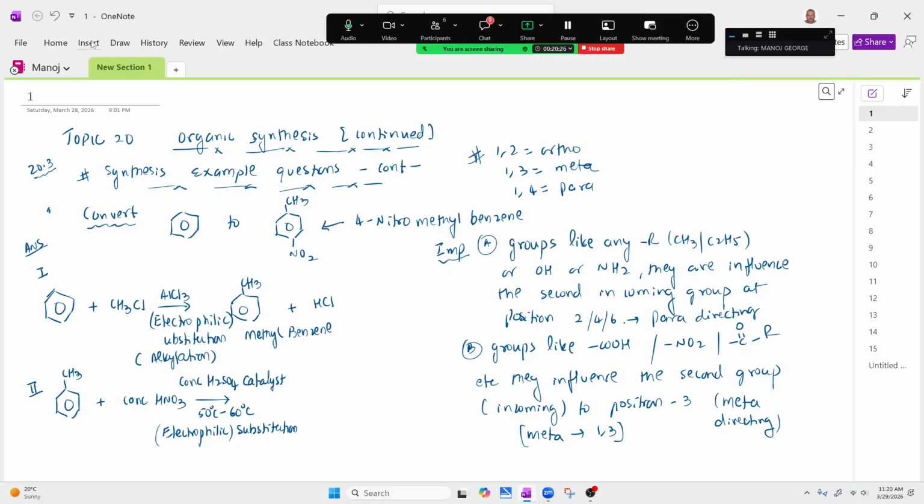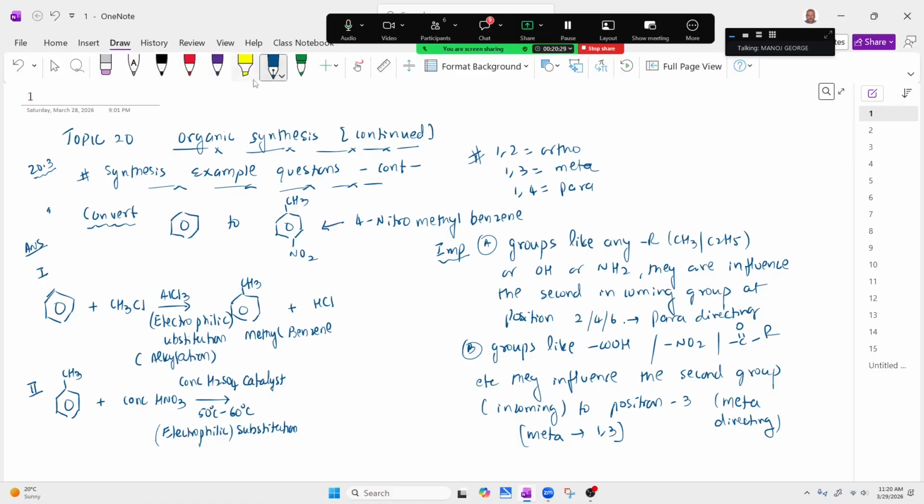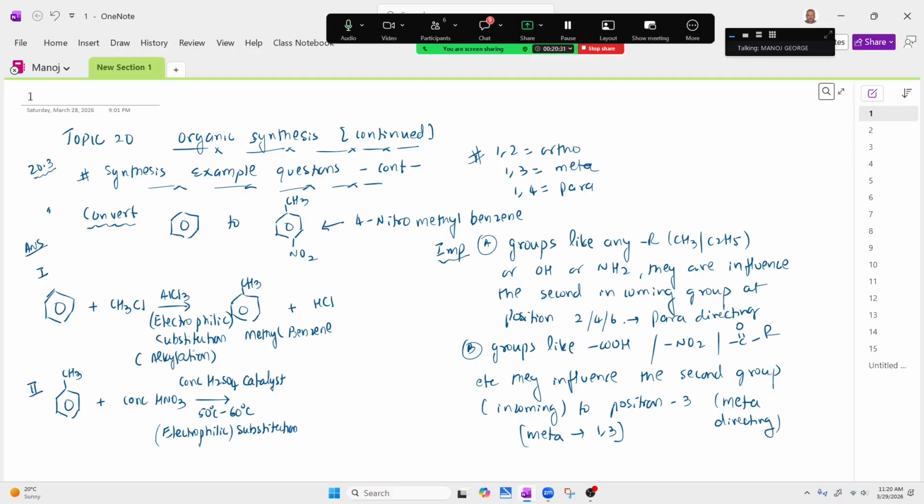But which kind of substitution? So sometimes they'll put that word, electrophilic or nucleophilic, in the bracket. My advice always remains: just write the whole name, why take a chance? So electrophilic substitution. It's also called nitration, but that's a common name. That's not the reaction mechanism name. So I'm not a big fan of that.